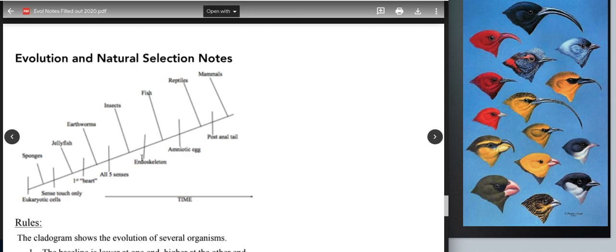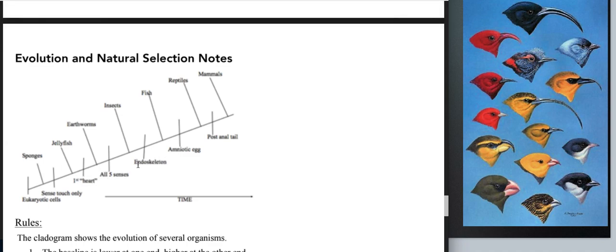The characteristics are down here at the bottom. Eukaryotic cells, sense of touch, first heart, have all 5 senses, endoskeleton, which is a skeleton on the inside of the body, amniotic egg, which is an egg like a chicken egg. It's got the egg and the yolk. And then postanal tail, so a tail after your backside.